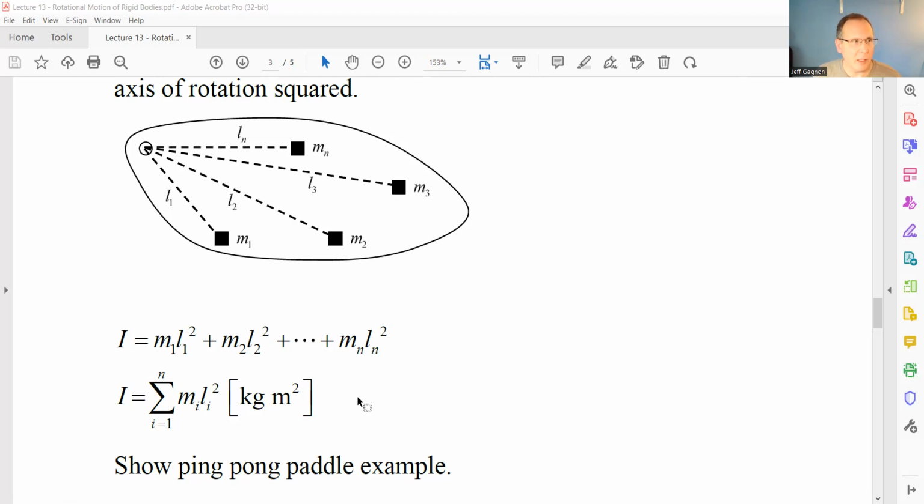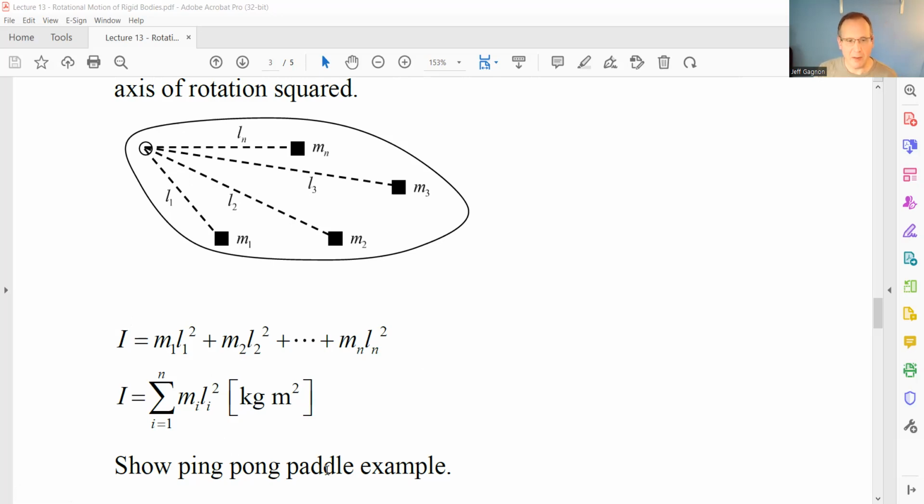And then the moment of inertia is given by a simple formula that involves the mass of the disc and the radius of the disc, or the mass of the rod and radius of the rod. Okay, but in most cases, I will give you what this moment of inertia is. So you don't have to worry too much about this. Just remember that the moment of inertia depends on the distribution of the mass about the point of rotation. Okay, so that's important.